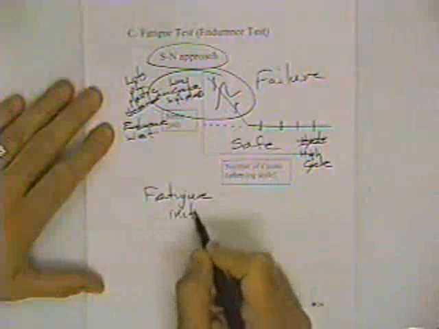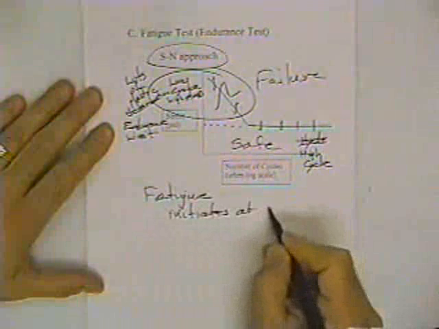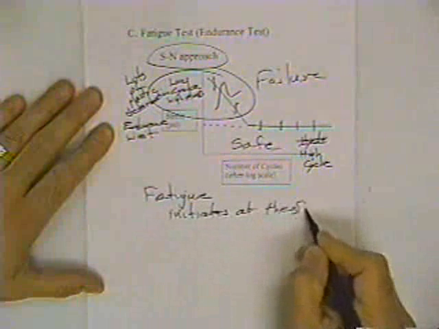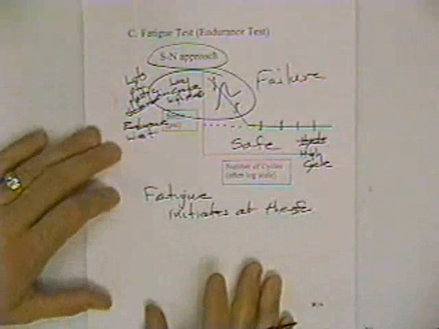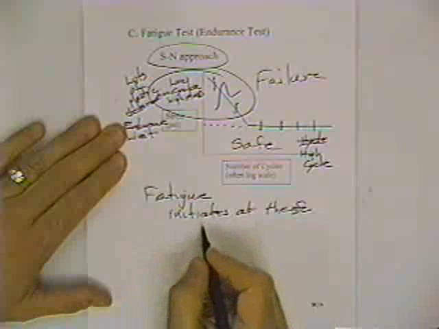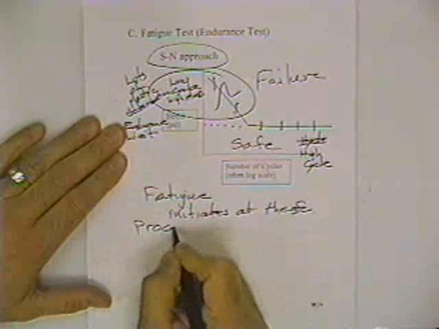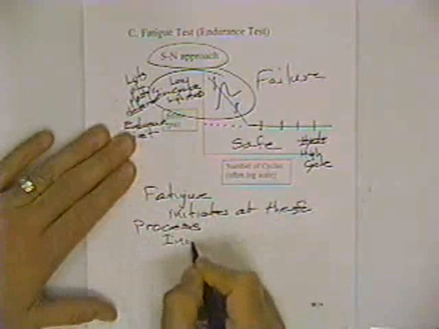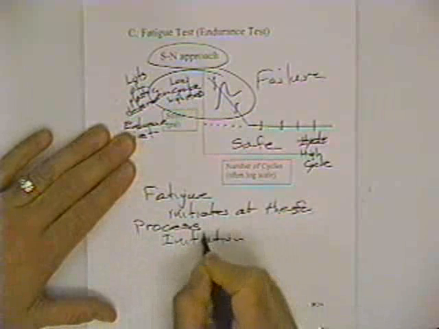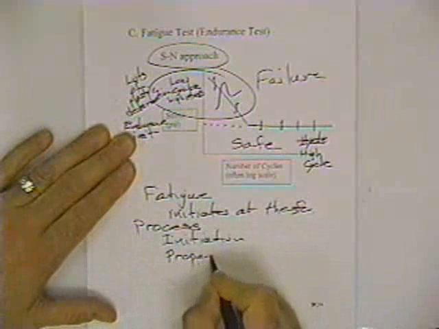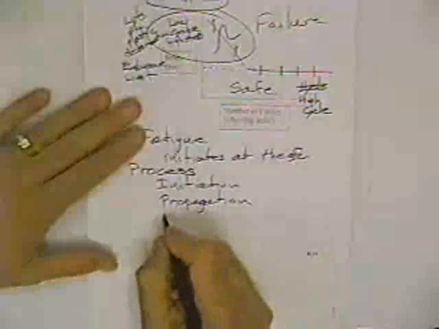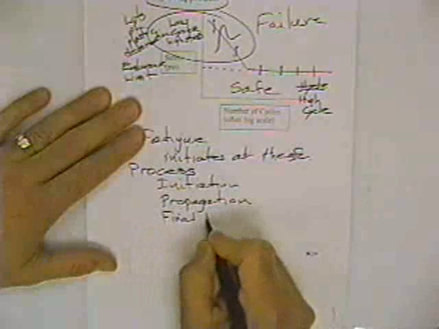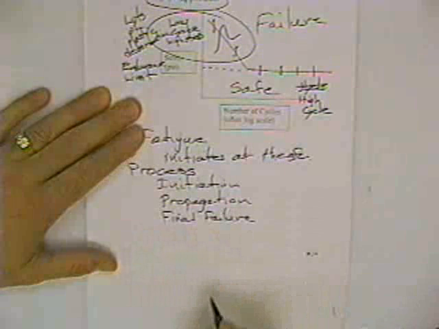The fatigue initiates at the surface, so it's a surface phenomenon, and can be at a hole, a stress riser, or a variety of different steps. So the process is initiation, propagation, and some people include a slow and a fast step, but propagation and then final failure.